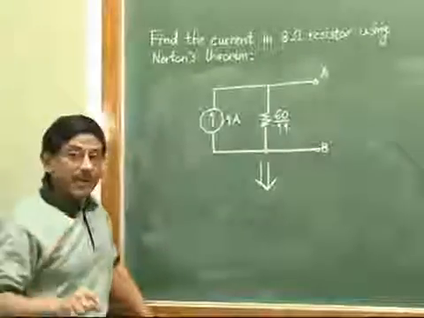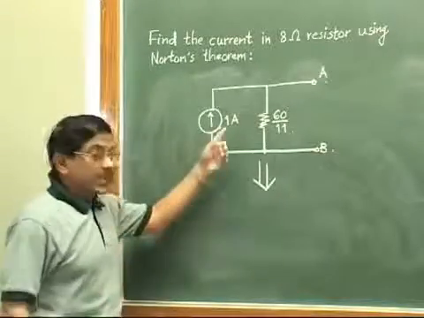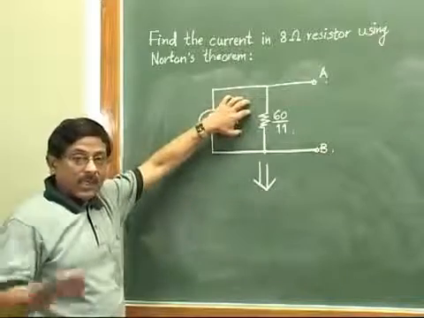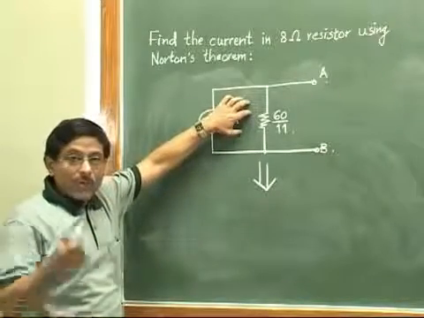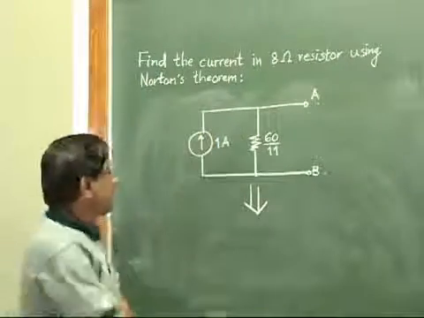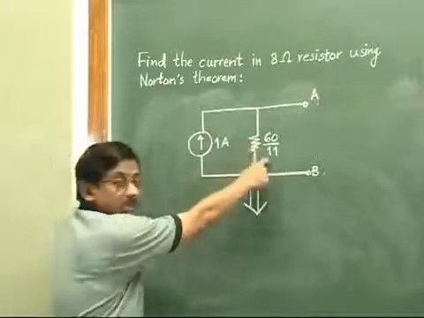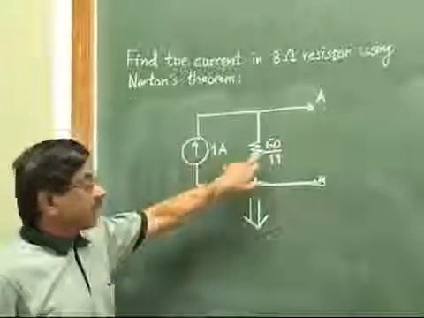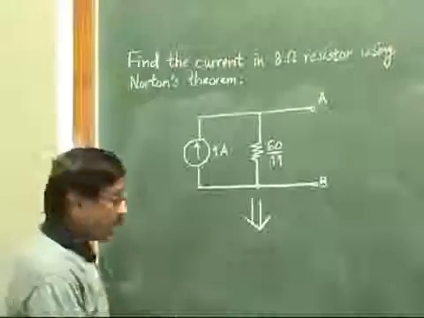We have earlier learned as basics that if such a circuit is given and if this is a practical current source, then to convert it into an equivalent practical voltage source is a simple job. Current into this resistor must be equal to the value of the equivalent voltage source. So 1 into 60 by 11 is 60 by 11.